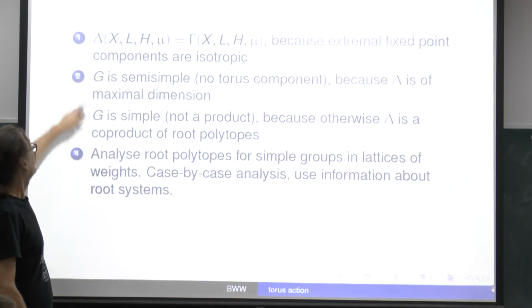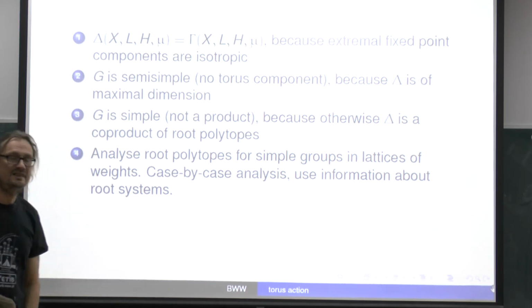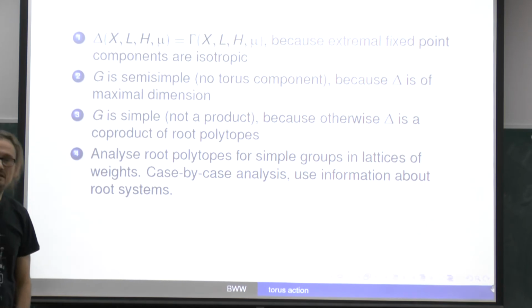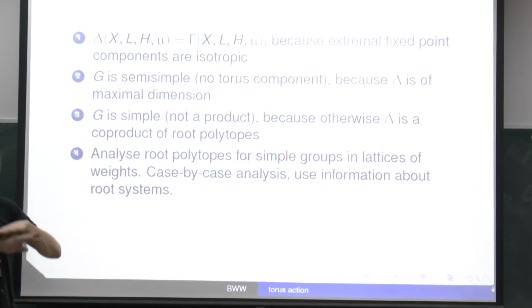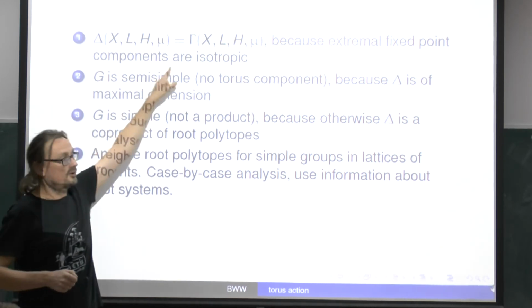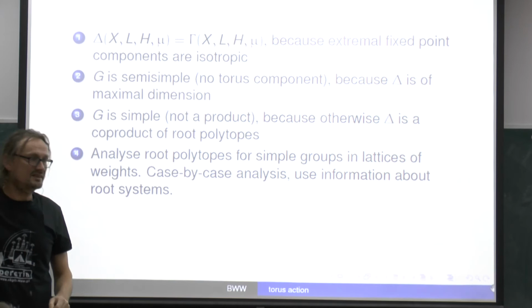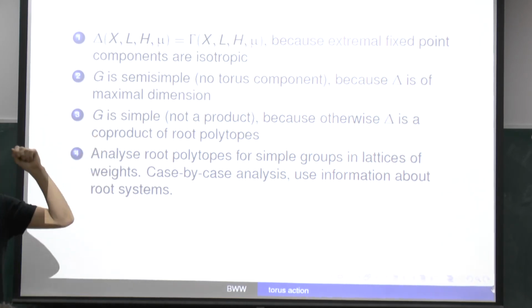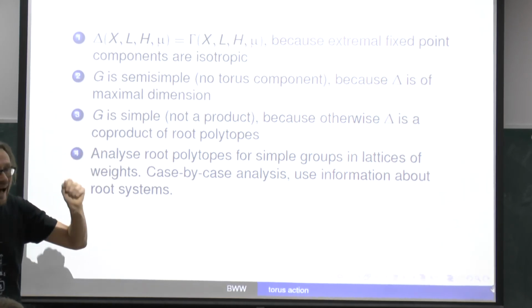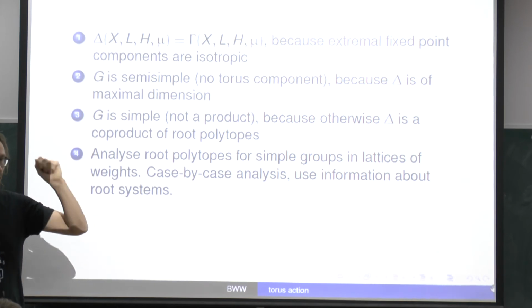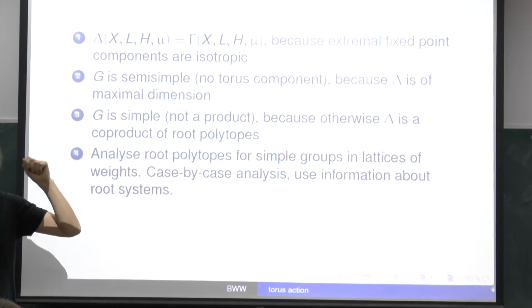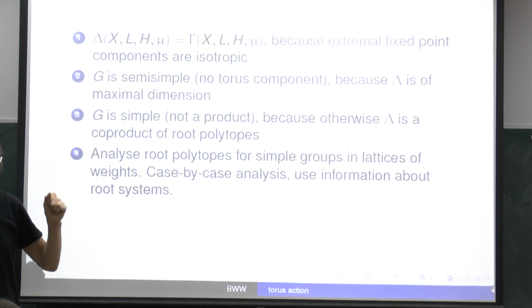Okay, the point 1, I said that in arbitrary case, not necessarily Fermat contact, if I know that the rank of the torus is sufficiently big, then I can make this equality because I know that at the extremal fixed point components I have a section. Now, in addition, I know that the extremal fixed point components are isotropic.